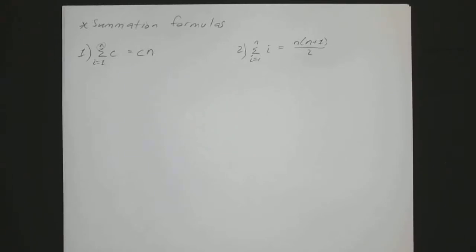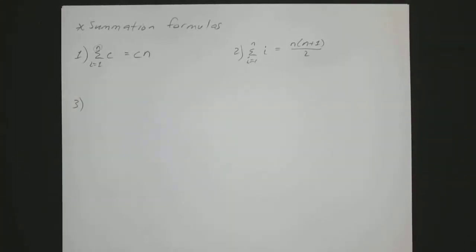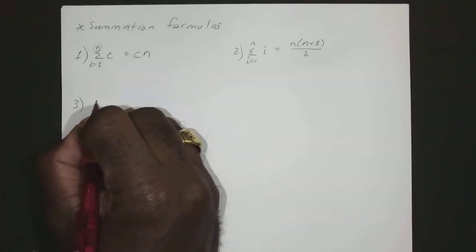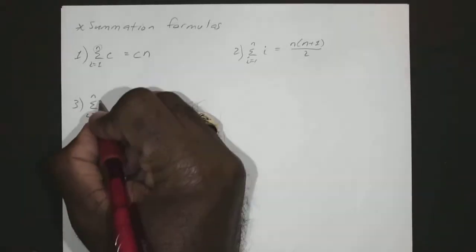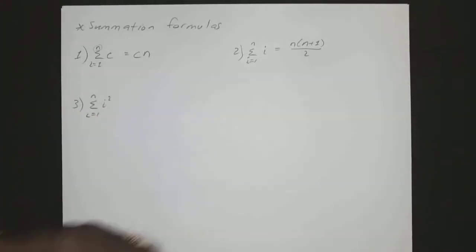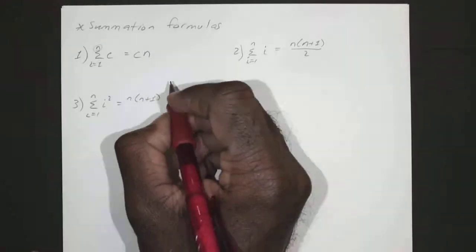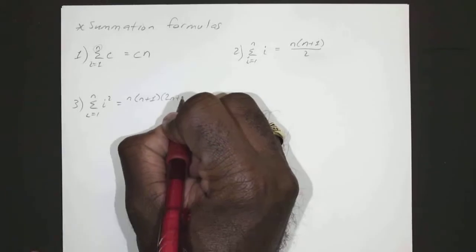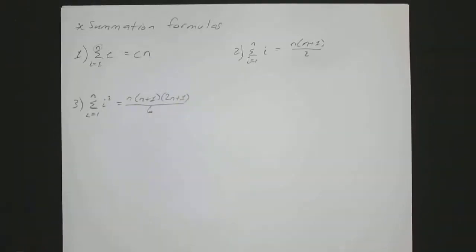Okay. And we'll actually prove 1 and 2. 3 and 4, the next two, they're proven by mathematical induction, which is a little more complicated. But 1 and 2 proven basically by algebra. Okay, so you have from i equals 1 to n of i squared, that's going to equal n times n plus 1 times 2n plus 1 divided by 6.